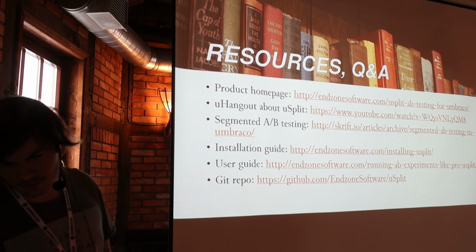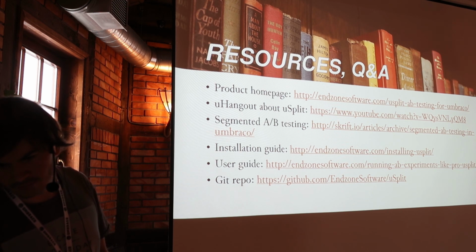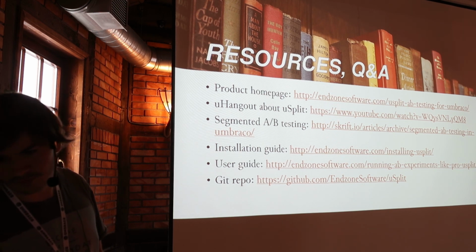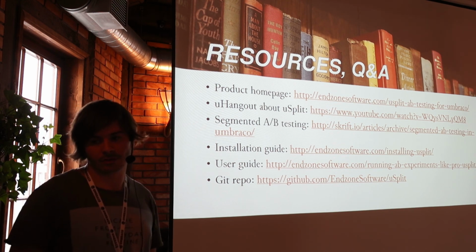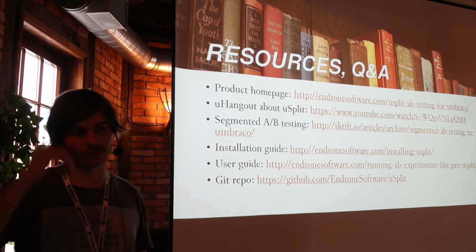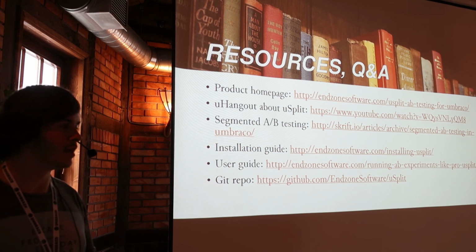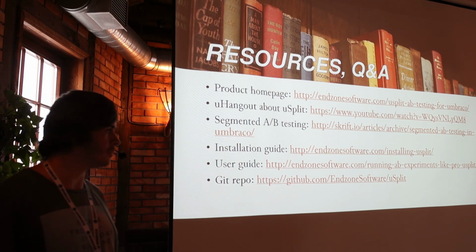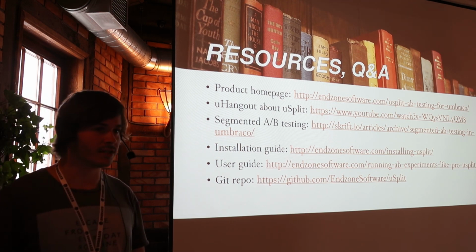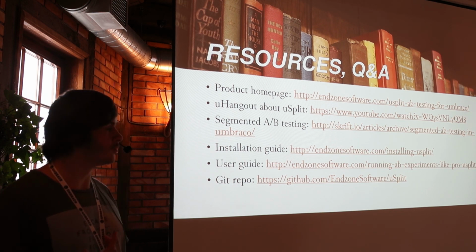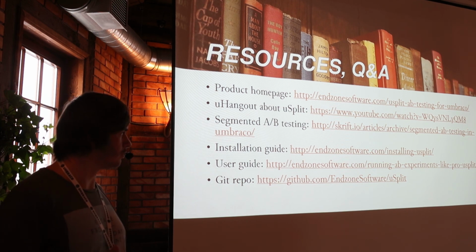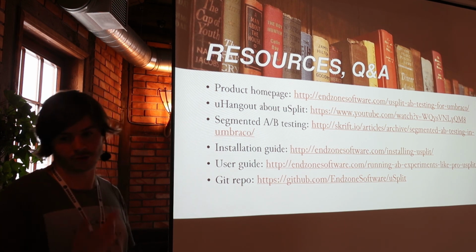And did I forget something? Okay, I forgot one very important link. We don't just contribute plugins to Umbraco, but also content. We've written a around 30-page long A/B testing guide for Umbraco, which you can read, where we go into much more detail on the topics that I just showed you.